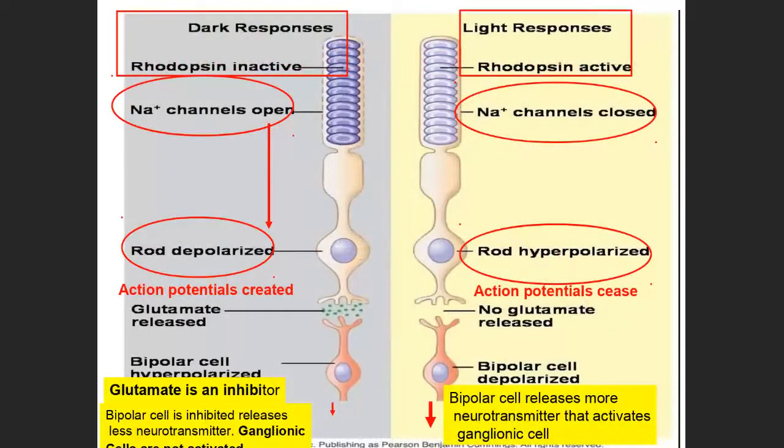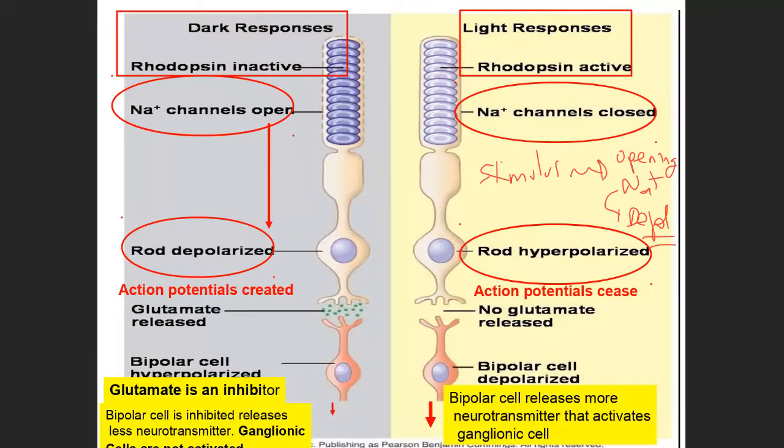All right, so we said that what happens when light hits retinol is that a series of events are going to be put into motion that are going to close sodium channels. So if you remember from last semester, that would make no sense, because what we said last semester is that a stimulus, which in this case would be light, is going to cause the opening of sodium channels, which will lead to depolarization, so that the cell will be depolarized and an action potential will be created.